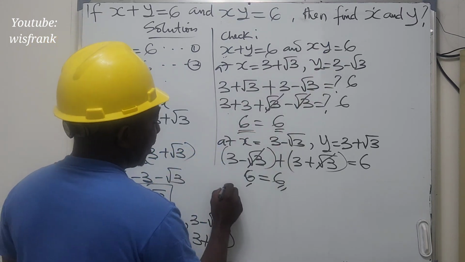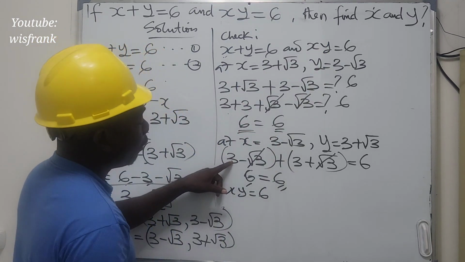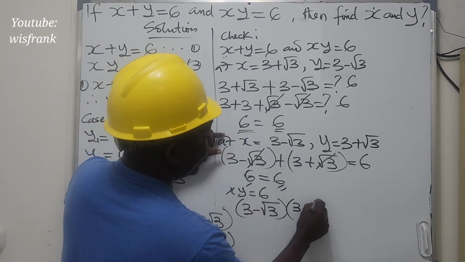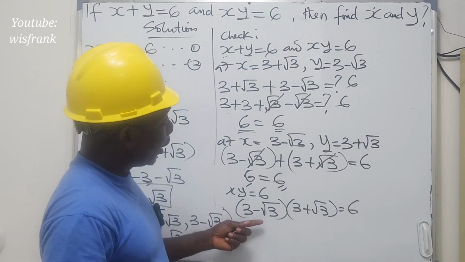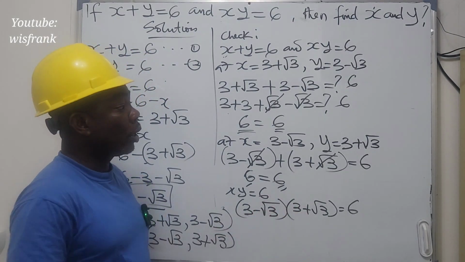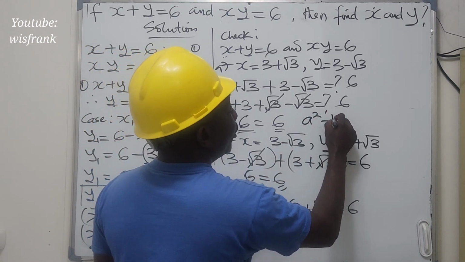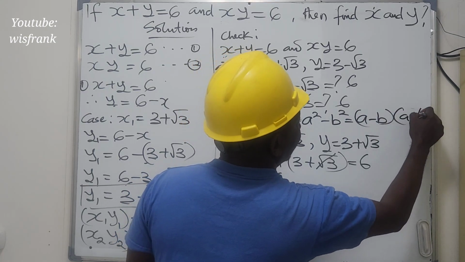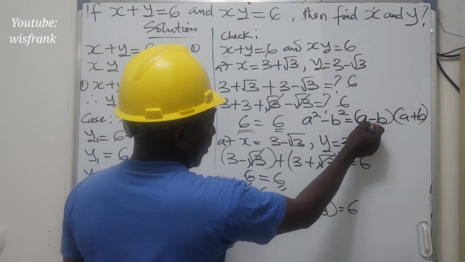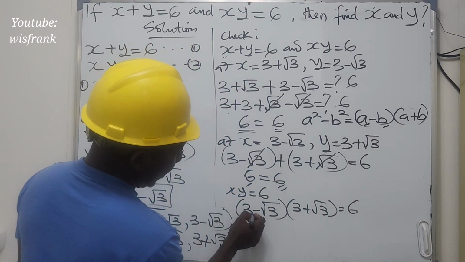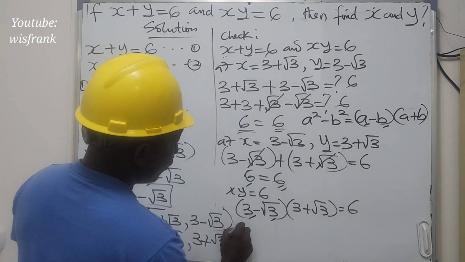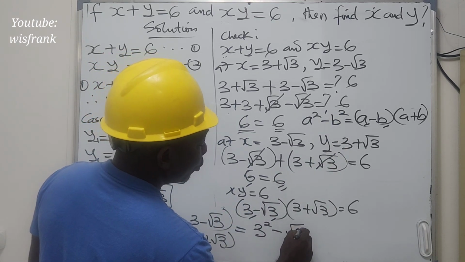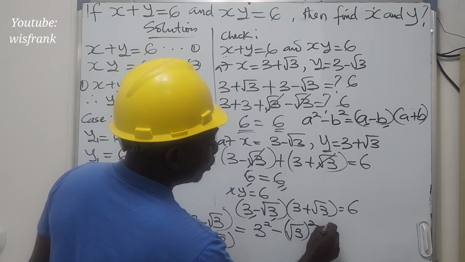Then for the second statement, which is xy equals 6, our value of x and y is (3 minus root 3) times (3 plus root 3) equals 6. You can see that this is a difference of two squares, where a to the power of 2 minus b to the power of 2 equals (a minus b) into (a plus b). So this is what we have. If this is our a and this is our b, and this is our a and this is our b, expressing this in this format is going to give us 3 to the power of 2 minus square root of 3 all to the power of 2 equals what, which is 6.